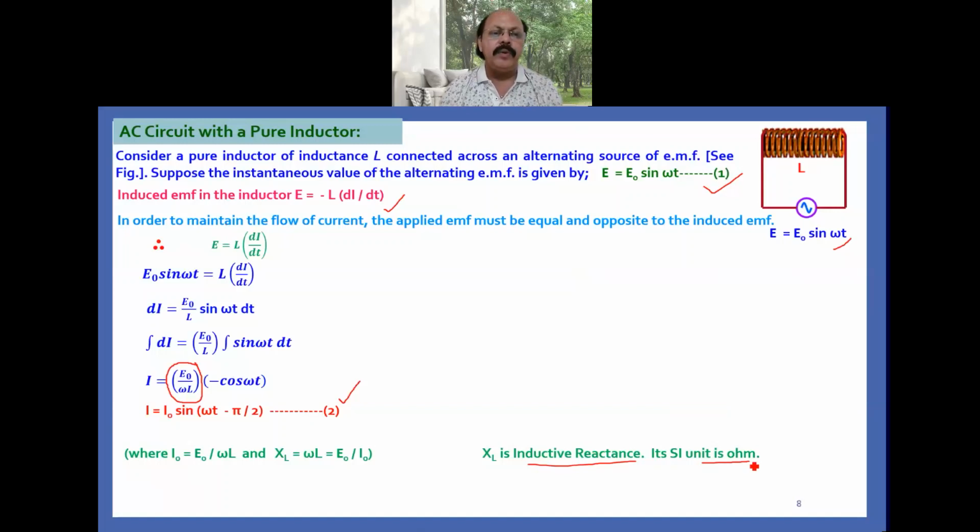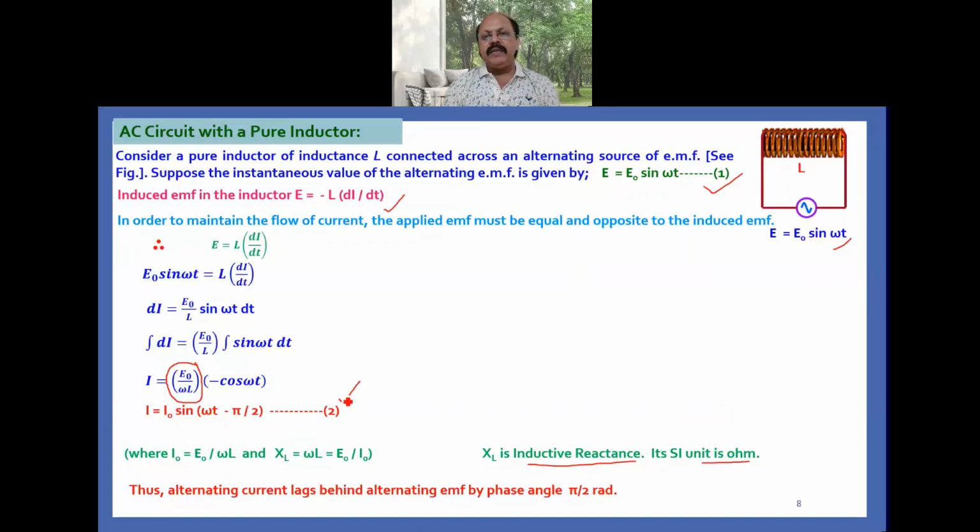So it also opposes the flow of current. Now we compare equations 1 and 2. We get that alternating current lags behind the alternating EMF by the phase angle pi by 2. This is minus pi by 2; its meaning is that it lags behind by the phase angle pi by 2.